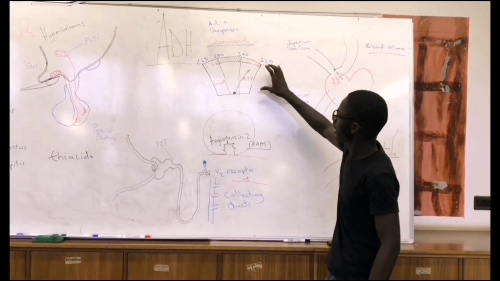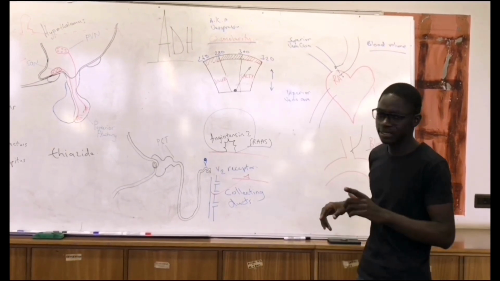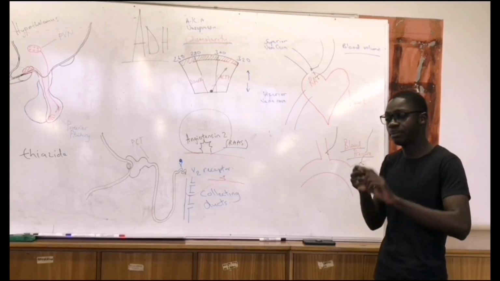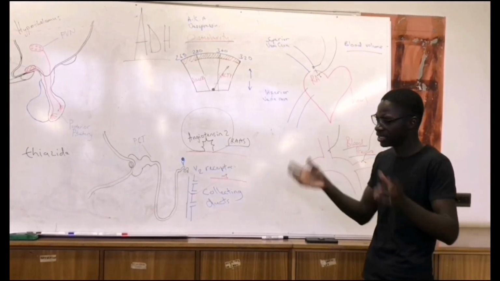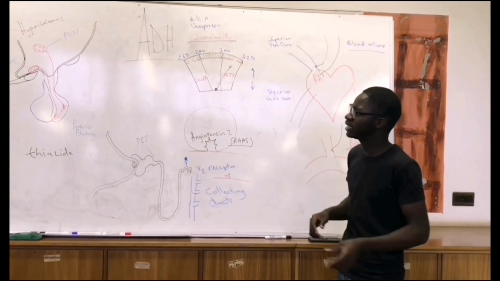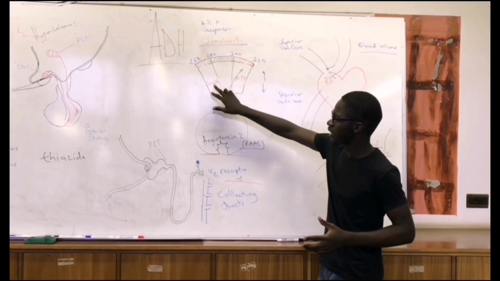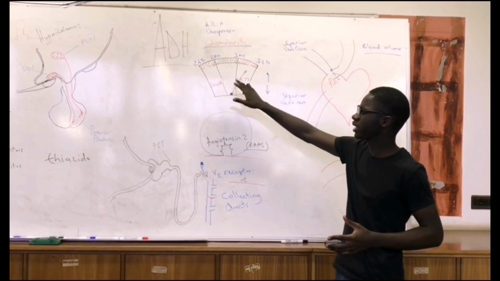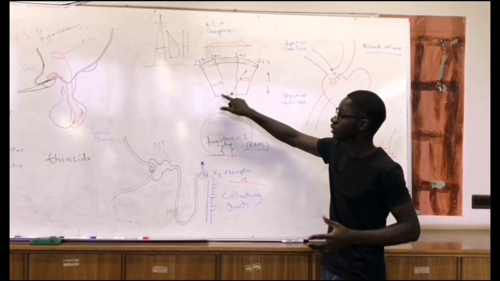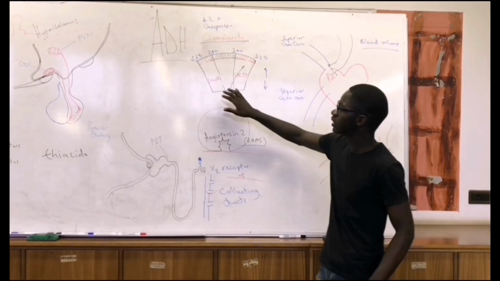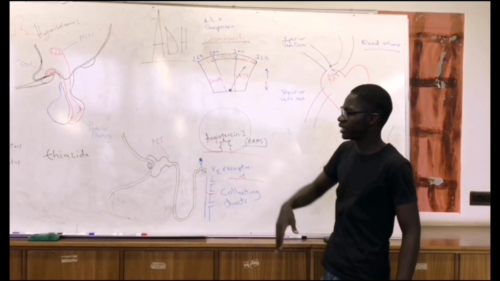Whenever the osmolarity is high, that is the amount of salt in plasma and in the extracellular fluid is high, ADH secretion is increased. Whenever there is dilute plasma or dilute extracellular fluid, its secretion is depressed.